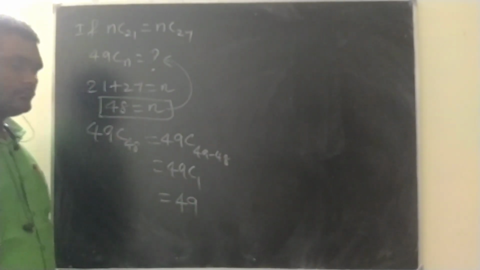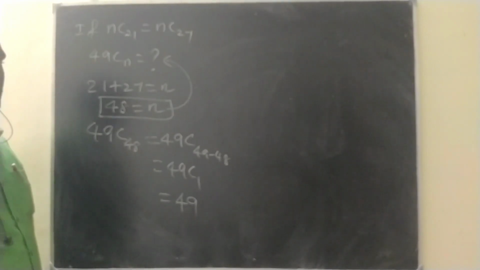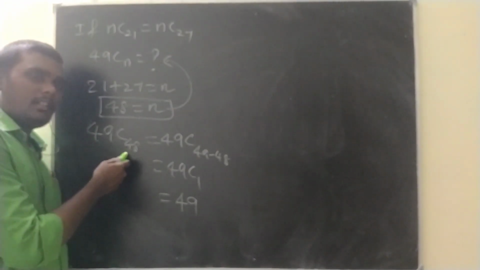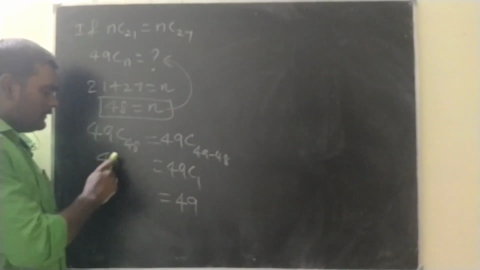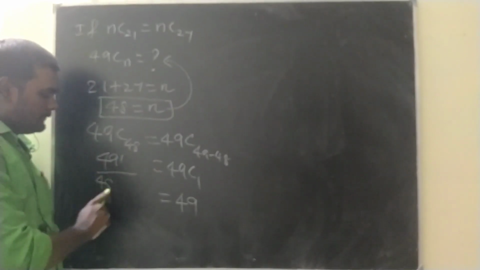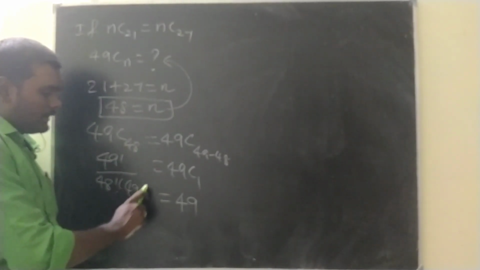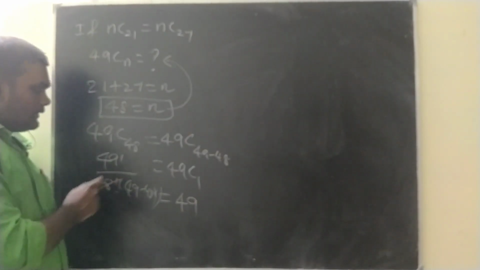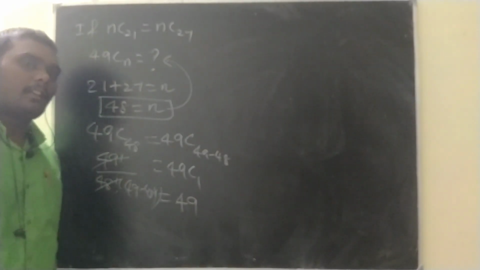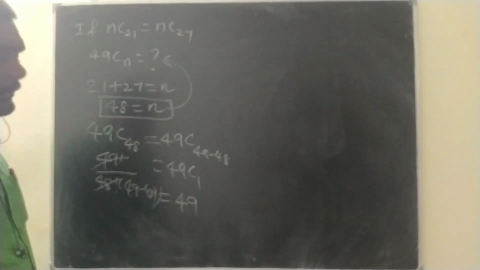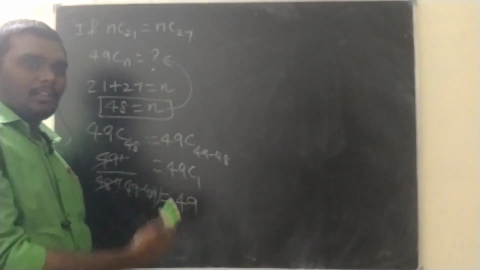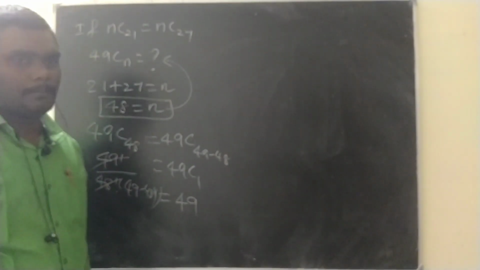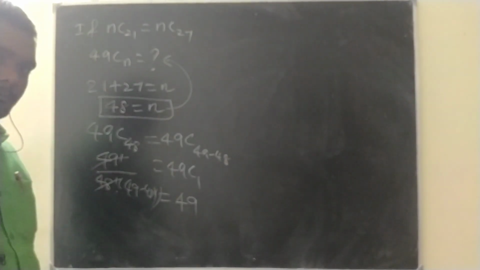Simply 49. Or else, if you are okay with that, you can calculate 49 factorial by 48 factorial into (49 minus 48) factorial. Here 1 factorial, the 48 factorial will get simplified, only 49 will remain. Either way, you will get the answer. But if you use this formula, you simply get it instead of doing this multiplication. Any doubts in this?